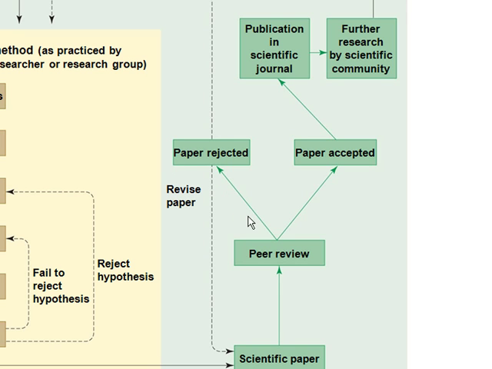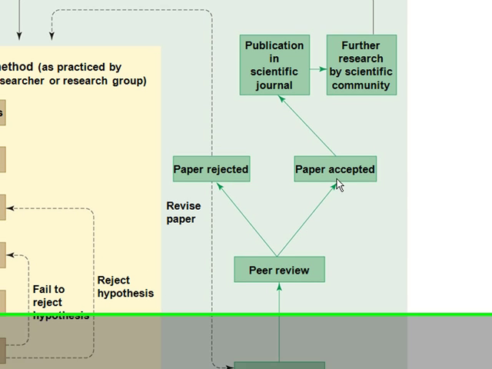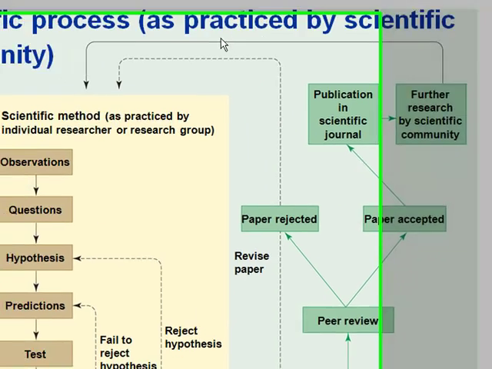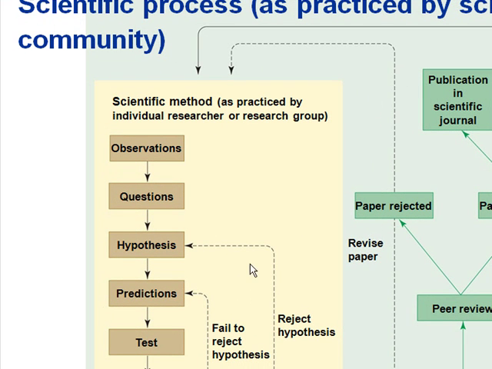The paper will then be either rejected or accepted for publication. If it's rejected, it can be revised and go back through peer review. If it gets accepted, it is published in a scientific journal, and there will be further comment and research by the scientific community, which will feed back into this part of the scientific process.